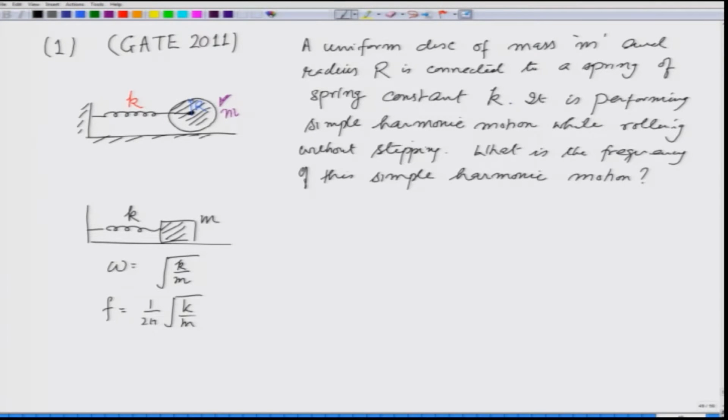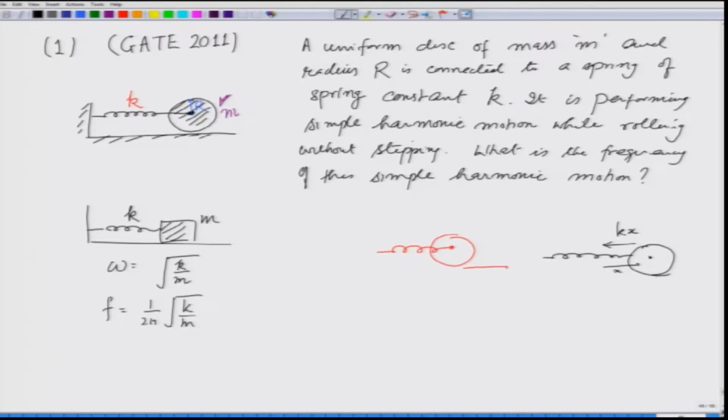In this case, what do we expect? So, physically what we expect is, suppose this disk is displaced from the equilibrium position this way, so that the spring is stretched and the disk is out here. There will be a restoring force kx when it is displaced by x.